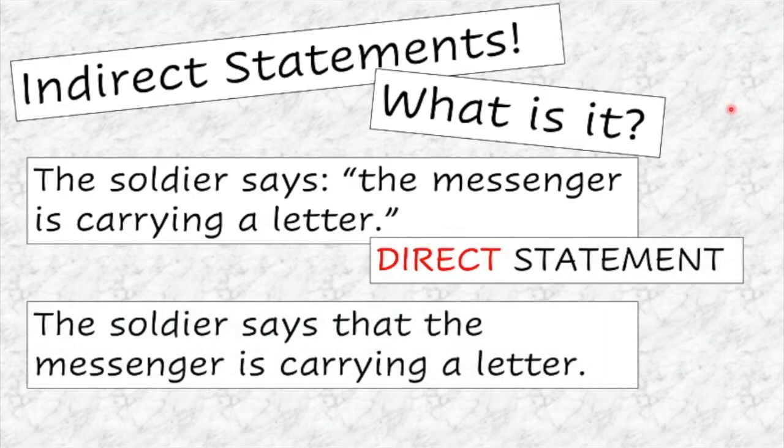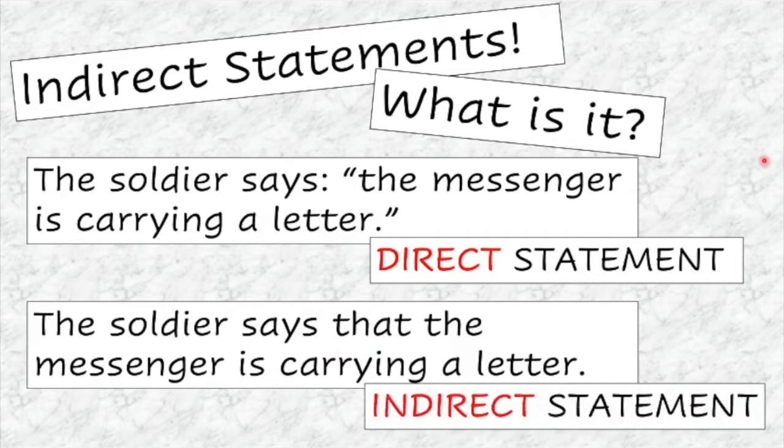In this other example, the soldier says that the messenger is carrying a letter. I do not have quotation marks. I do not have speech marks. I report the words used by somebody else. I use that to introduce what they said, and this is an indirect statement.